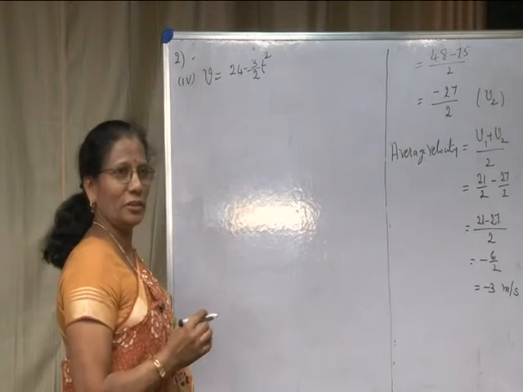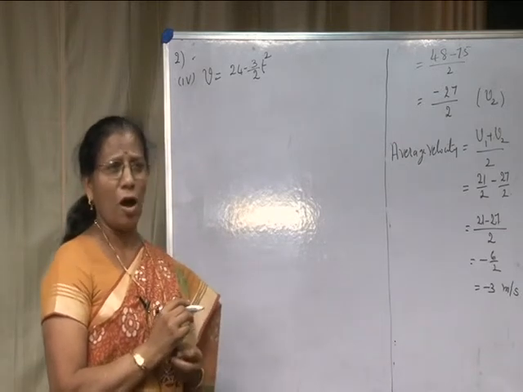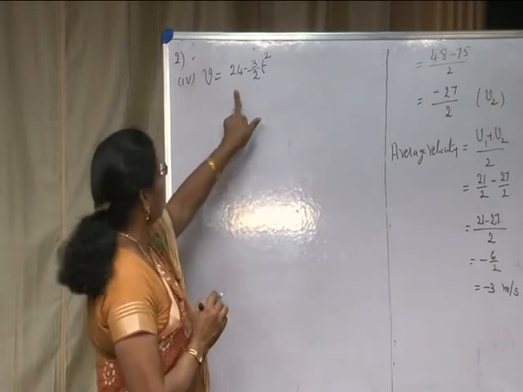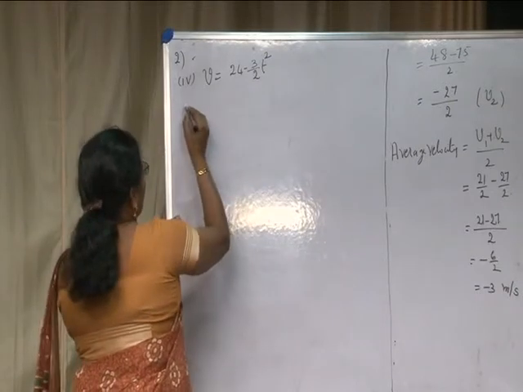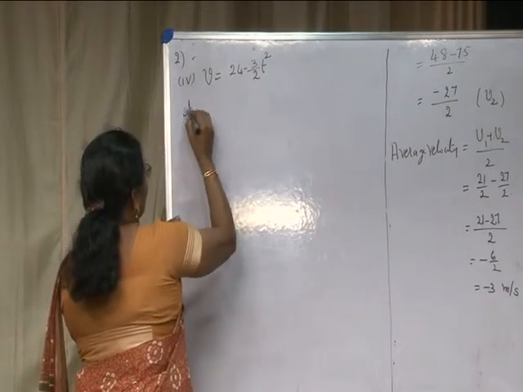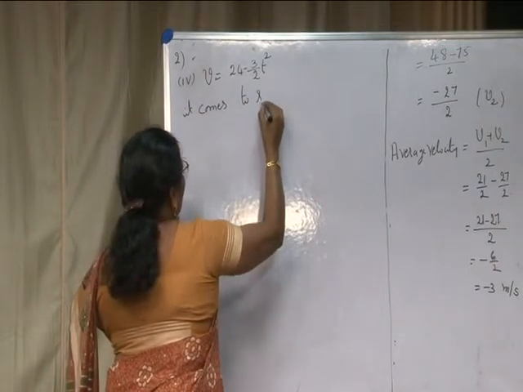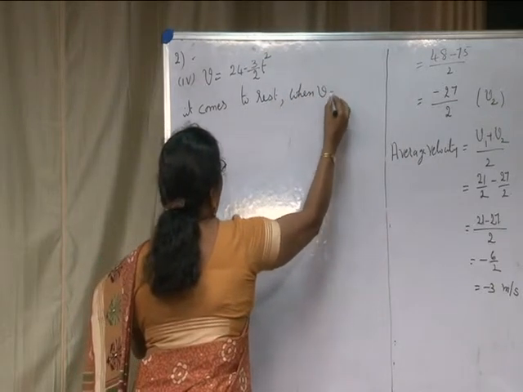This is the velocity or ds by dt. Velocity or ds by dt, that we have already found out, 24 minus 3 by 2 t square. It comes to rest. Velocity is 0.